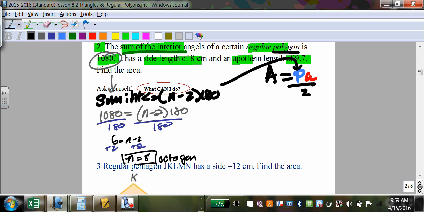Yeah, you can use calculators here, although you actually don't need it. Okay, ask a neighbor. Getting there. It's not a 45, 45, 90.